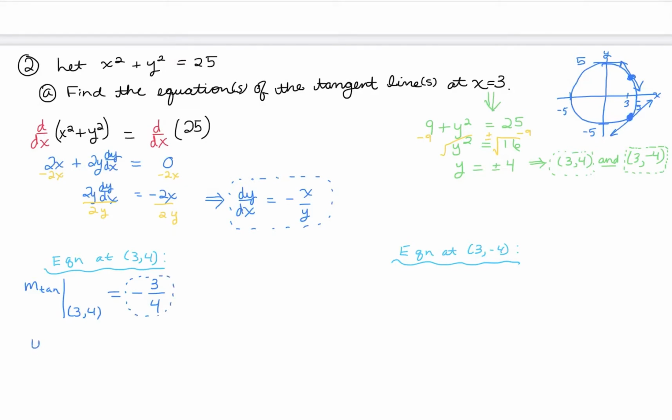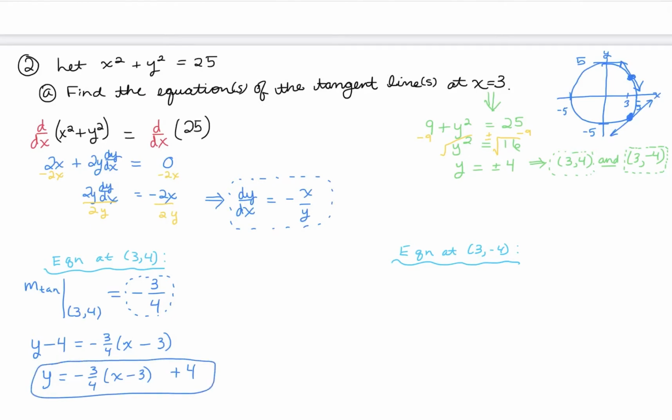And then, of course, the equation of my line: y minus 4 equals -3/4 quantity x minus 3. And you could leave it like that. You could certainly distribute through, or add the 4, but even without distributing and combining like terms, you could just leave it like this also. I didn't say it had to be in slope-intercept form, so I'm just going to leave it like that for this one.